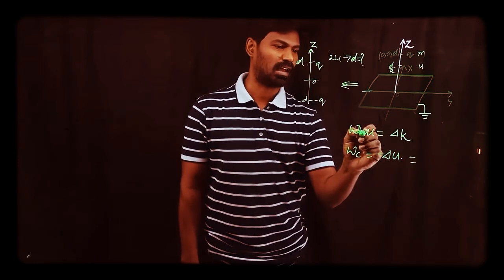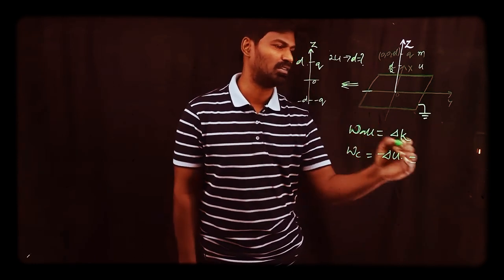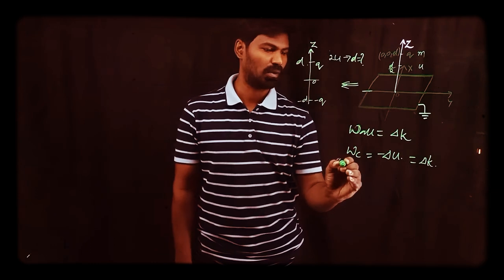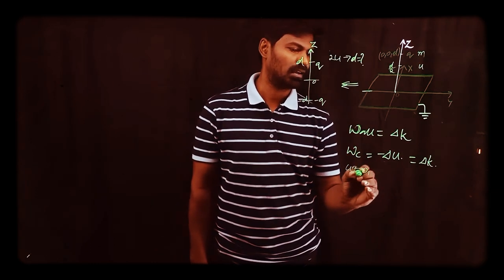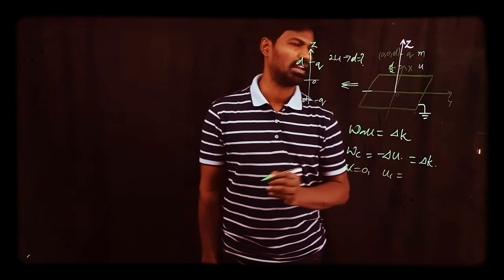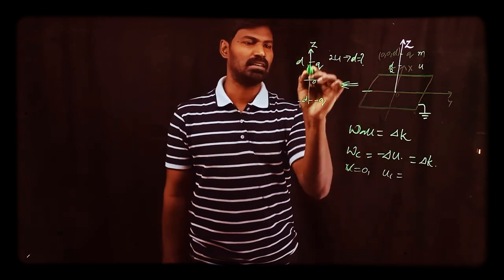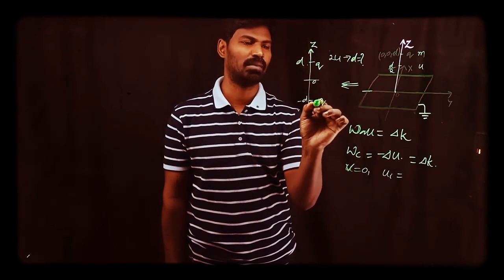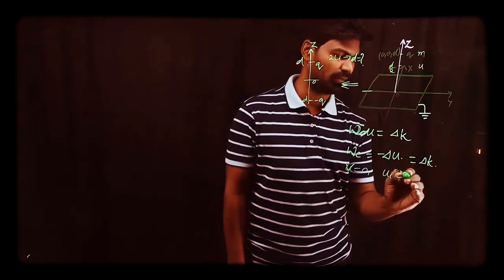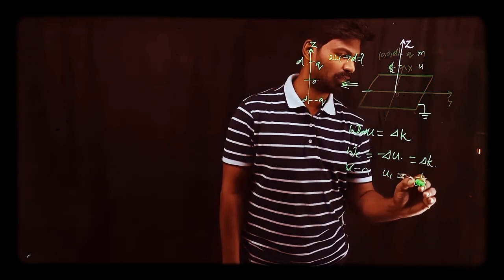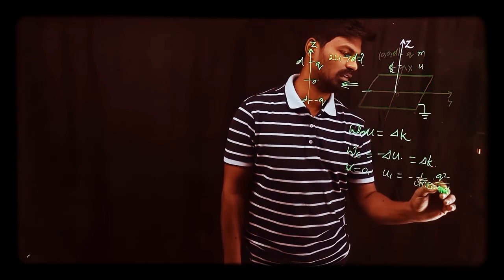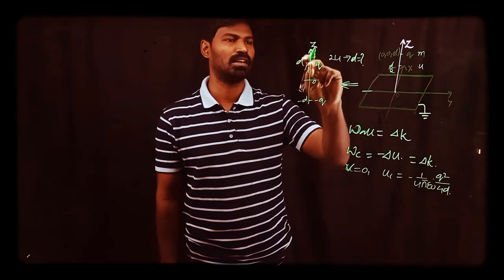So minus delta U is equal to delta K. When it is at a distance d, its initial velocity is 0, and its initial potential energy Ui, when its image charge minus q is at a distance minus d, is given by minus 1 divided by 4 pi epsilon naught into q square divided by 4 times d, where d is the distance between the origin and the charged particle.